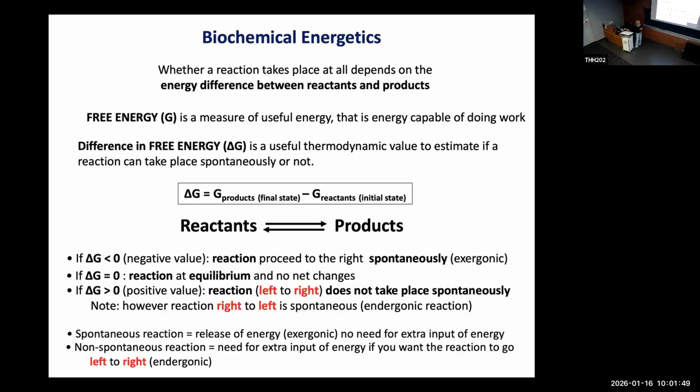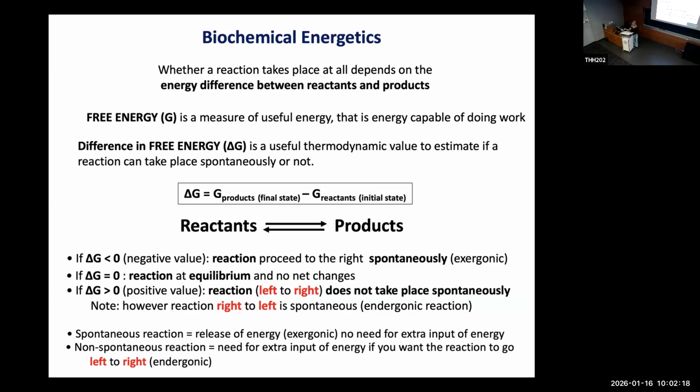If we have a delta G in the forward direction that is negative, less than 0, we can say that reaction in the forward direction is exergonic. It releases energy. That is sometimes called spontaneous. I don't love that term because it implies that the reaction just happens because the delta G is negative, and that is not the case.